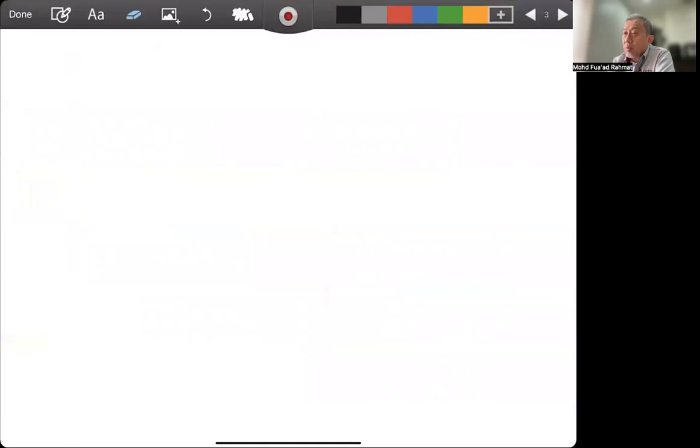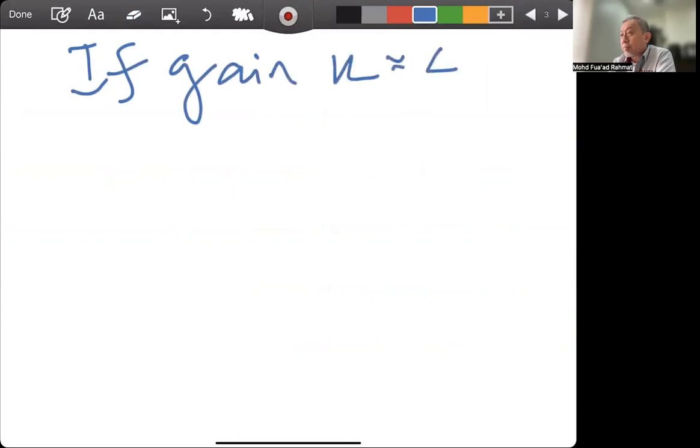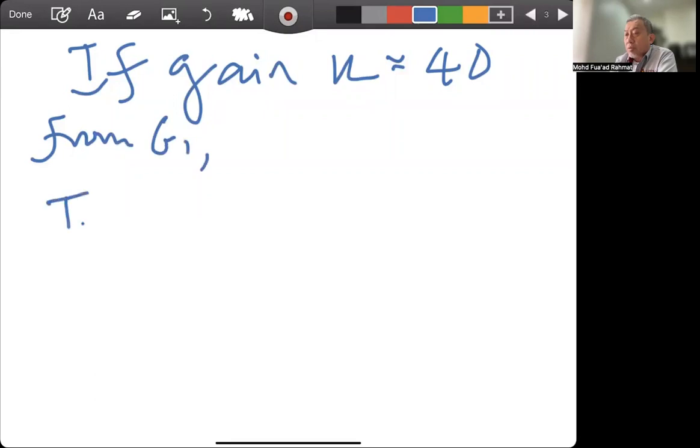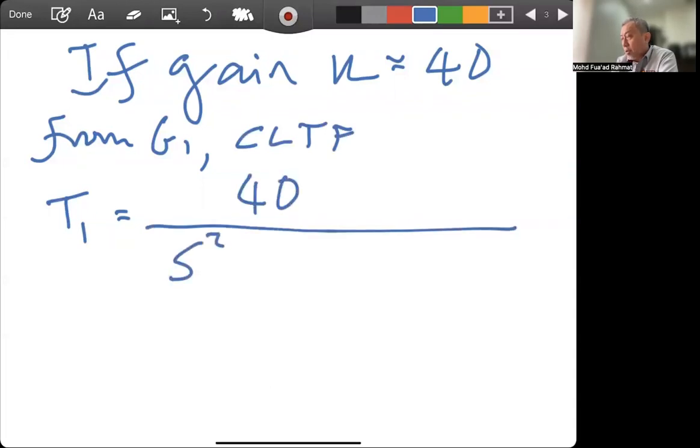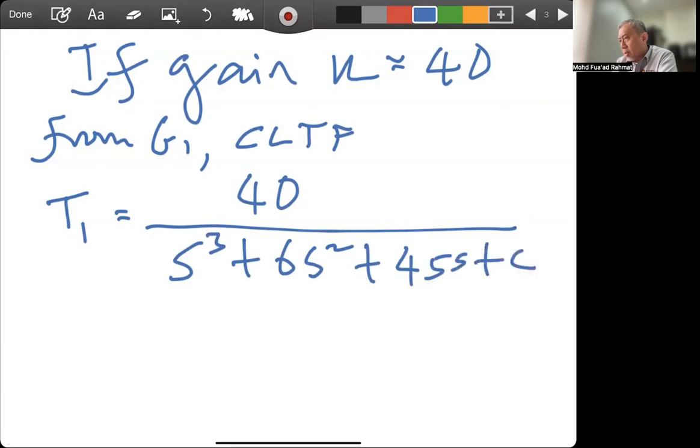So if K is equal to 40, from G1, the closed loop T1 is 40 over s cubic plus 6s squared plus 45s plus 40.